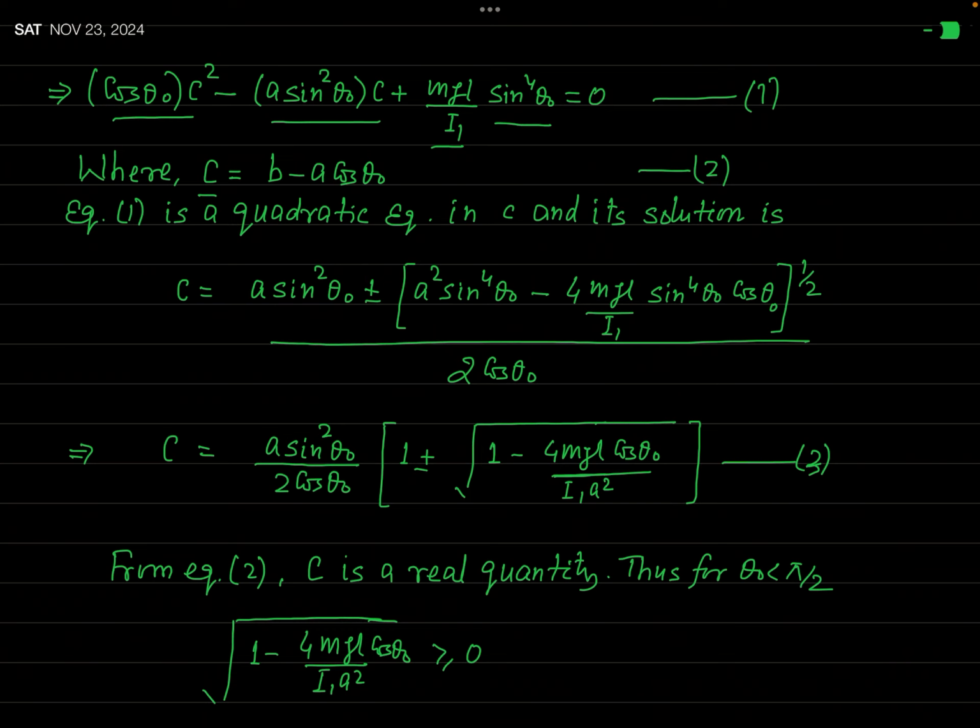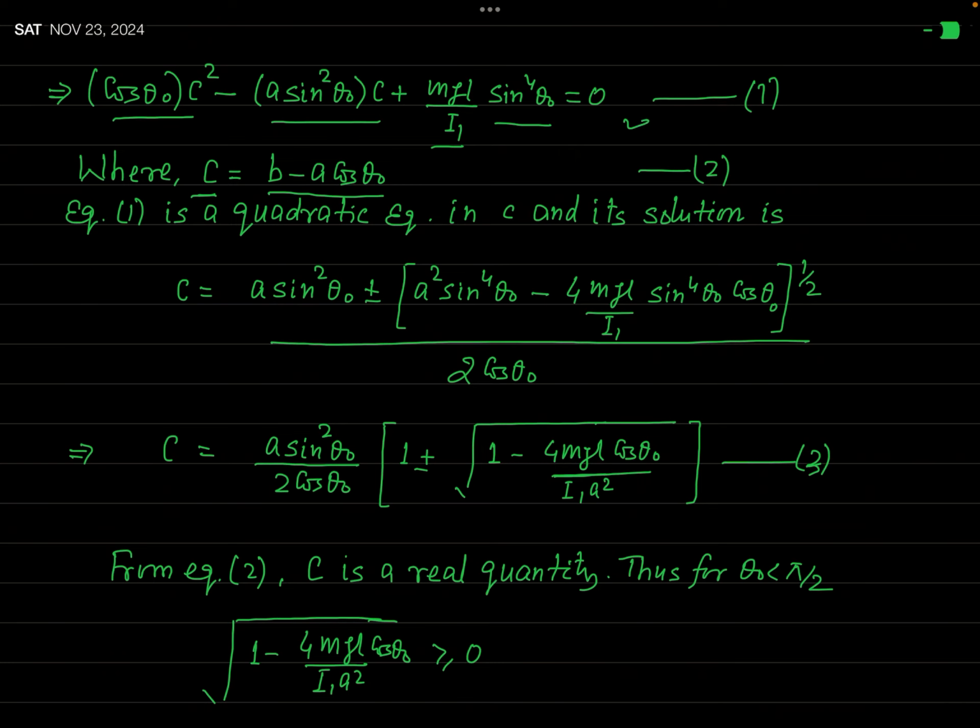Here actually I have substituted c for b minus a cos theta naught for simplicity. So writing c instead of b minus a cos theta naught, our result becomes like this.